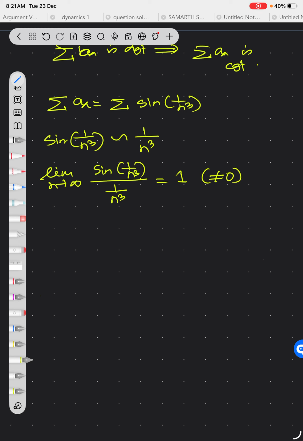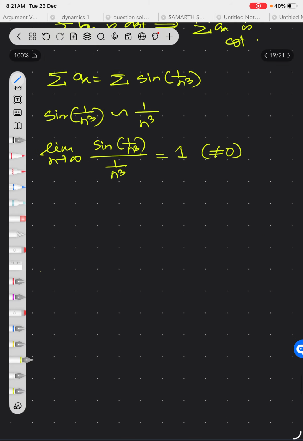So how can we evaluate this limit? To evaluate this limit, just assume 1 by n cube equal to x. As n approaches infinity, x definitely approaches 0.